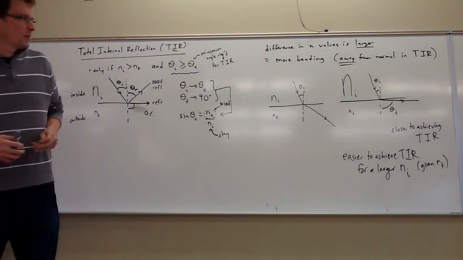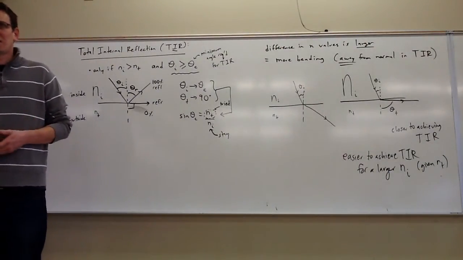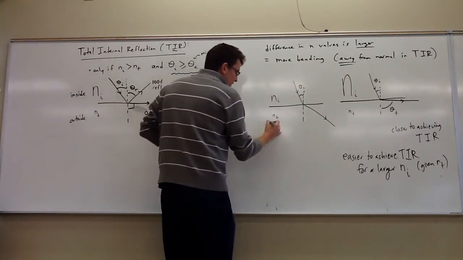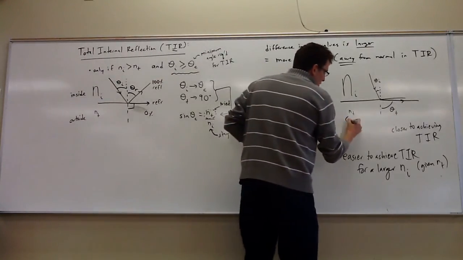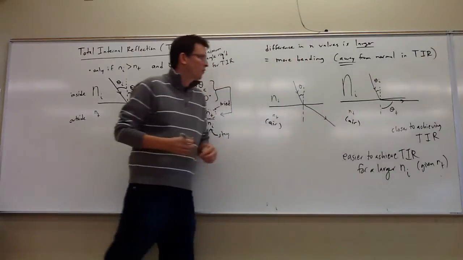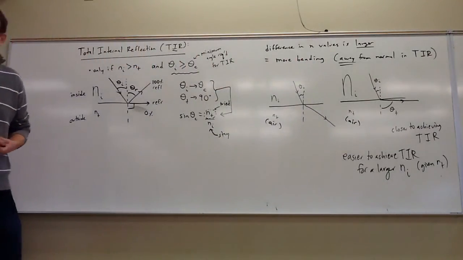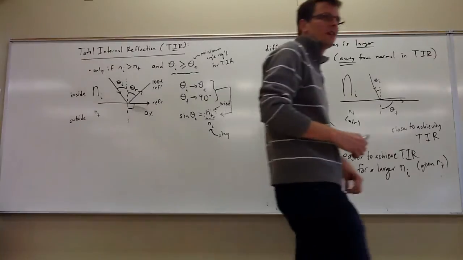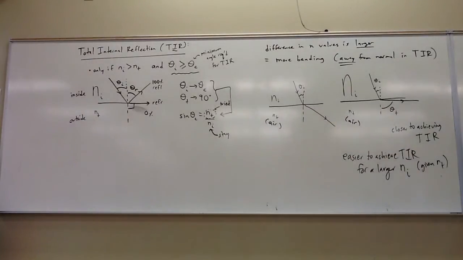I should mention that the reason I'm fixing n sub t is that's usually the air. So we're evaluating, let's say this is the outside world, and we're evaluating different materials for n sub i to see how those different materials are successful or not in having total internal reflection.